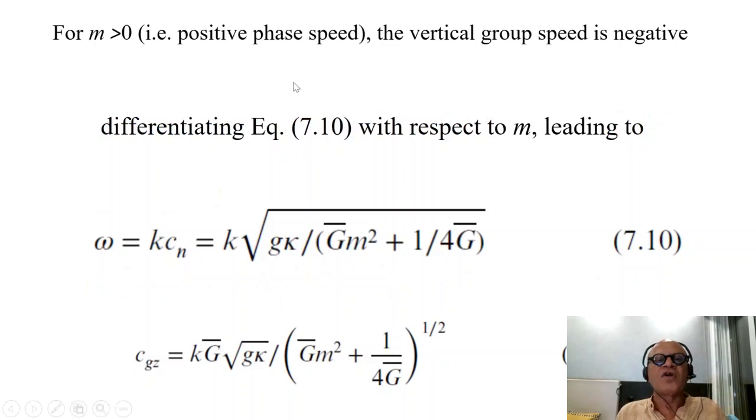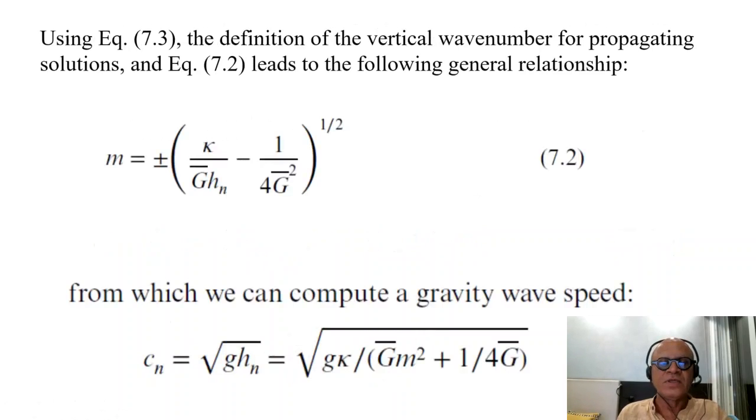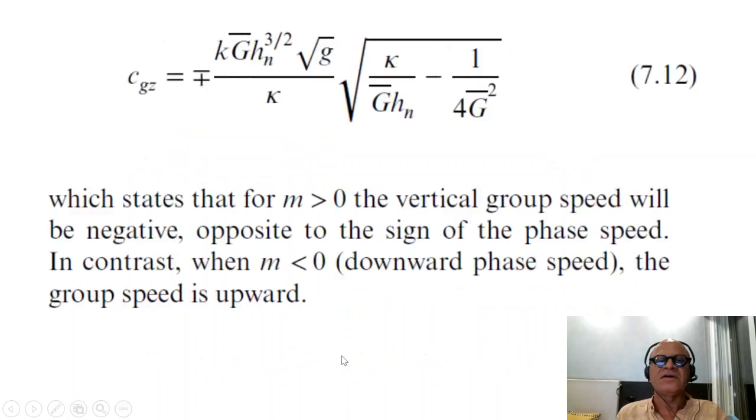Okay. For m greater than 0, positive phase speed, vertical group speed is negative. We can differentiate 7.10 with respect to m to get vertical group velocities, and that's what we end up with. This is something we have already seen, writing the gravity wave speed in the vertical, so the Kelvin wave. That's what it looks like, dependence on vertical wave speed and the vertical scale height and ideal gas constants.